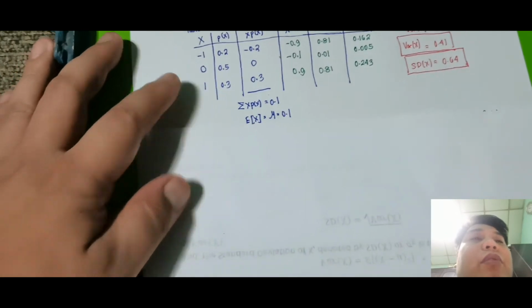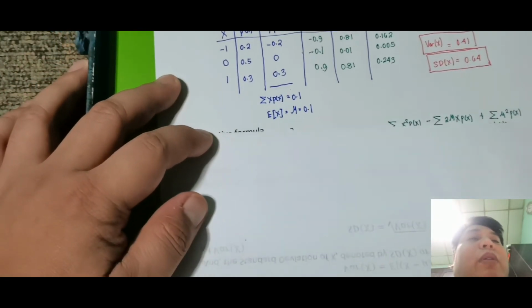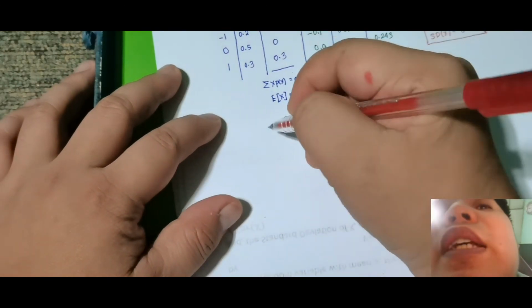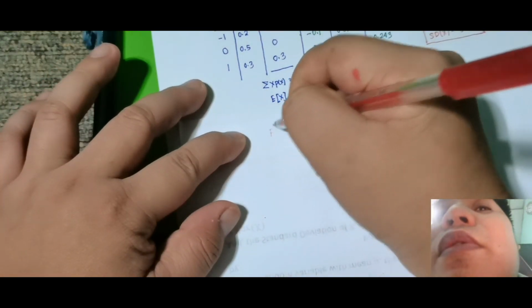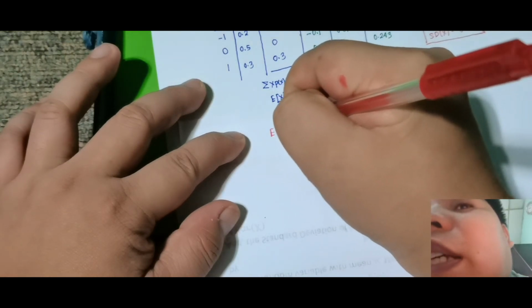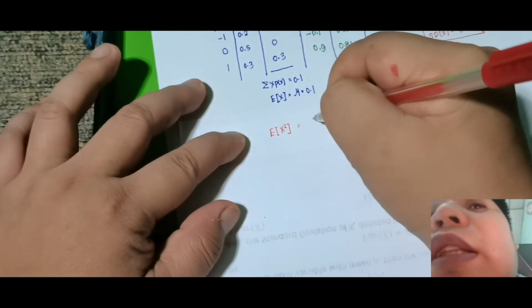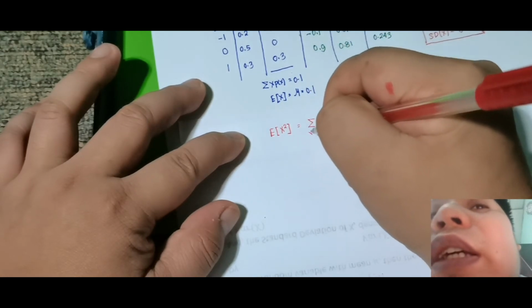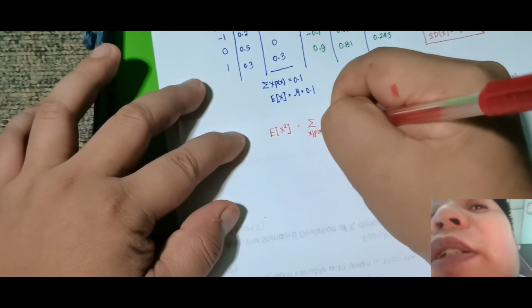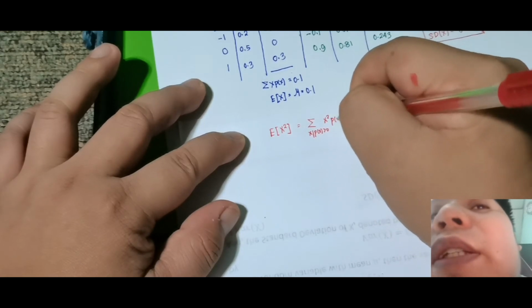Okay, so for the second moment, yan kailangan natin second moment, no? So, second moment is square natin. For the second moment of x square, this is just equal sa summation ng x such that p of x is greater than 0 ng x square p of x.